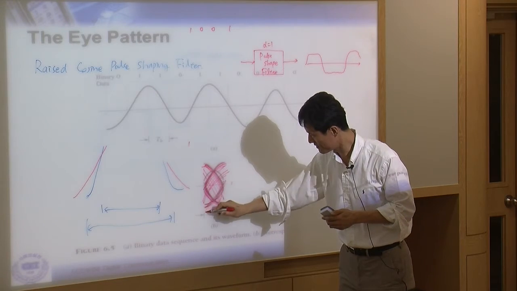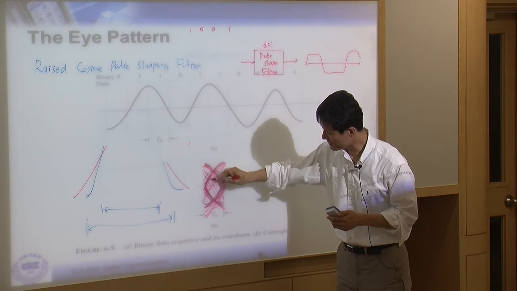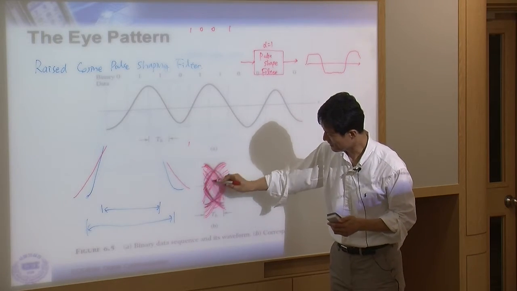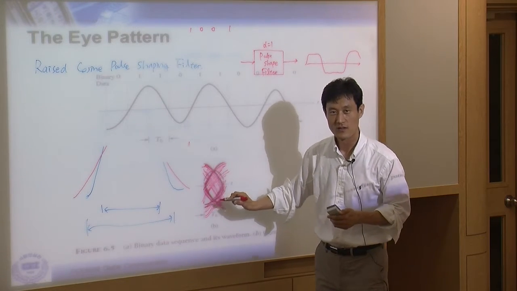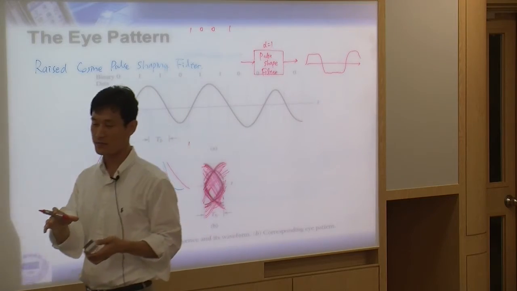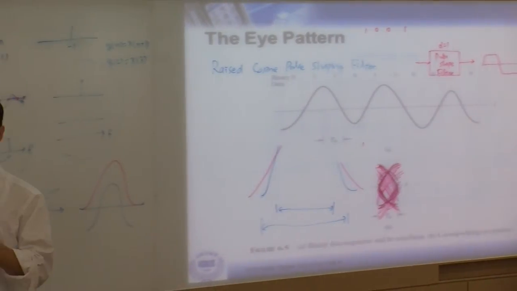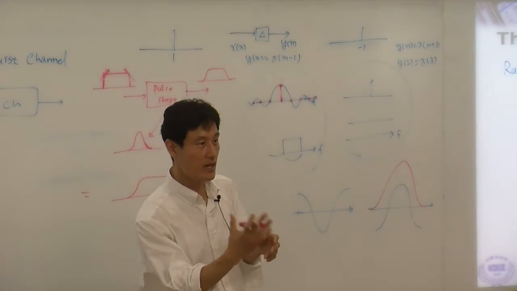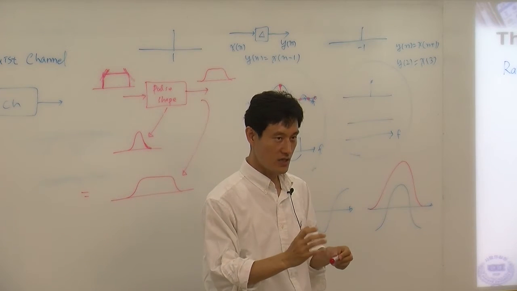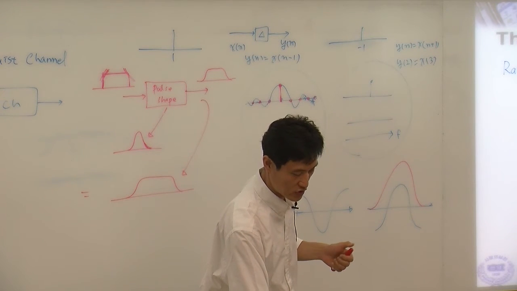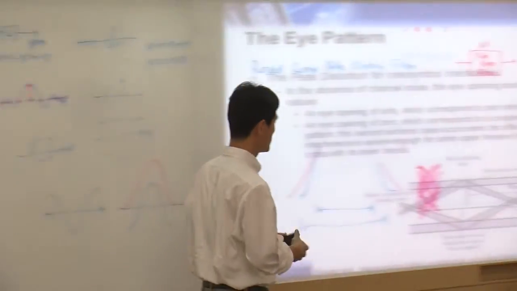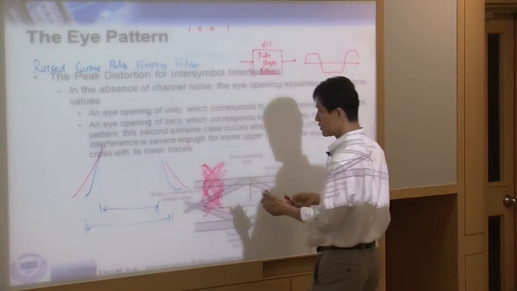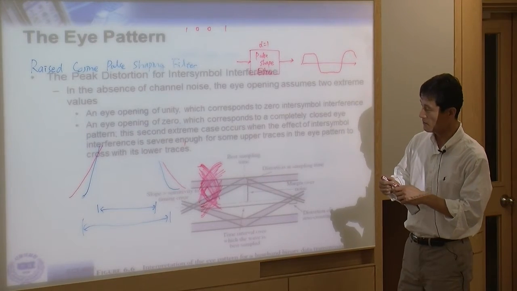In that case, the eye is closed. So by looking at the eye, sometimes you see the eye is open or the eye is closed. By looking at that, you can measure a lot of things: timing issues, noise issues, interference issues, all these things. So that's why we draw the eye diagram.